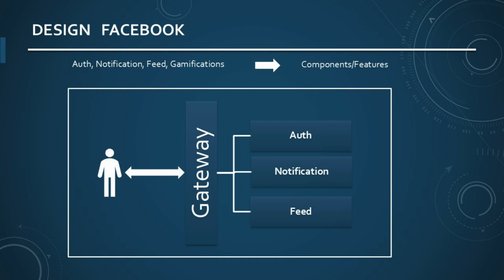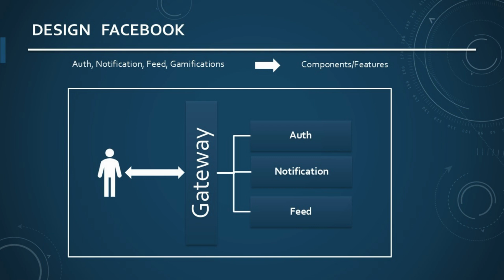This is feature 1, authentication. I need notification. I need feed around it. Right? Once you have it, then you pick one at a time and you go deep into it. Let's pick authentication and go deep into it. Or let's pick feed and go deep into it. Right? So that's step 2. If the problem statement is big enough, you break it down into smaller components and then you tackle one at a time.